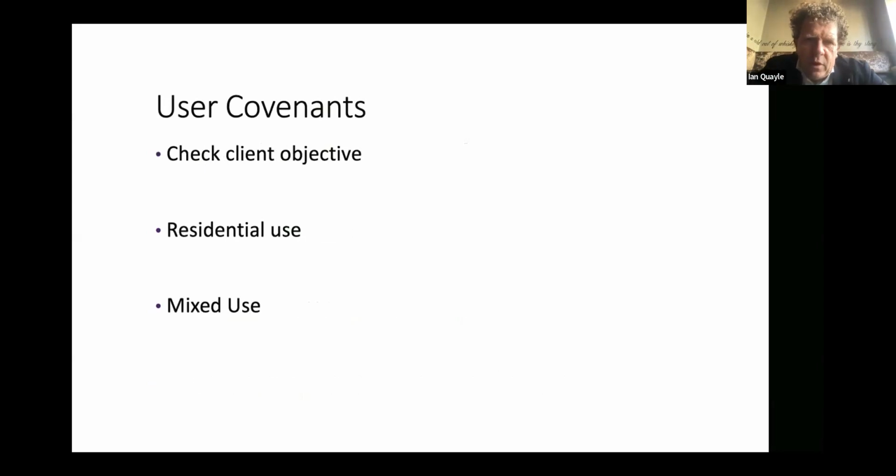The next thing to talk about is user covenants, which I mentioned earlier. Again, just be careful. Always, in a leasehold transaction, ascertain the client's objective. Why is the client buying this flat or apartment? What's the purpose behind it? It might be a buy-to-let investment. It might be for a daughter or son who's going to university, or an elderly parent. There could be a whole raft of reasons why this residential purchase is proceeding.